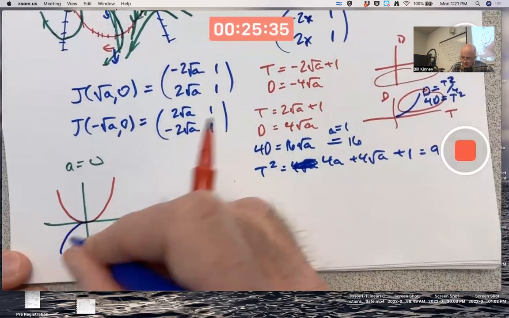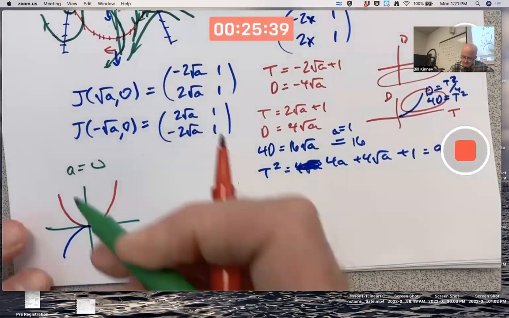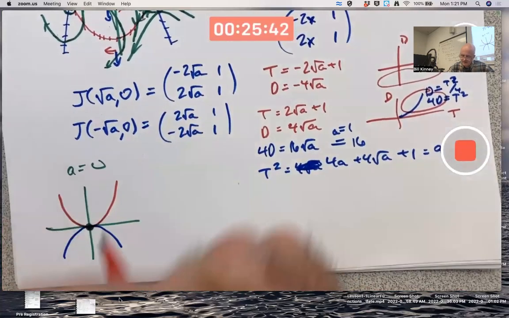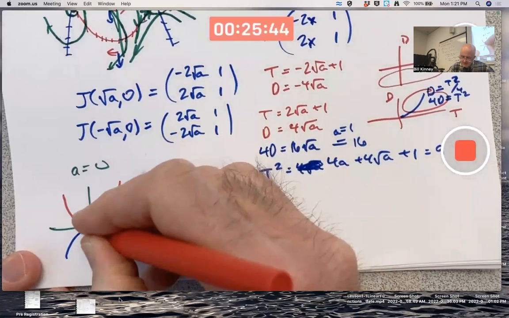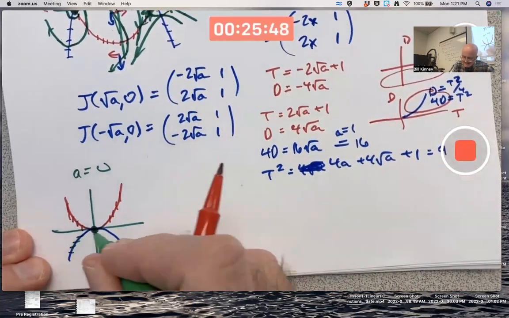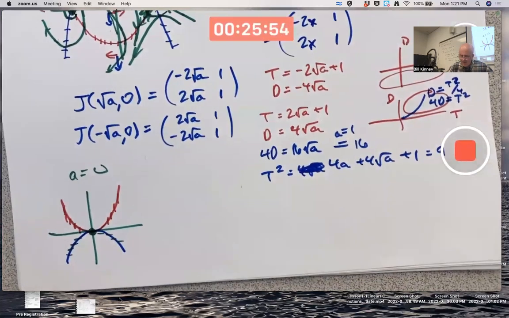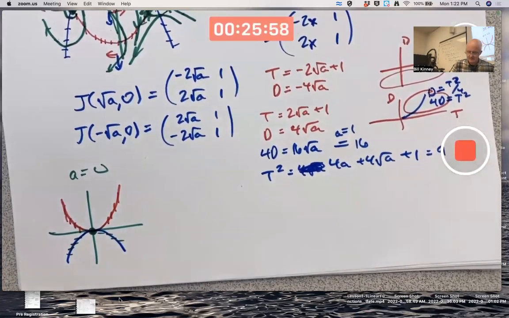You've got one equilibrium point at the origin. Still cross the red one vertically and the blue one horizontally. Let's not bother doing this by hand anymore because I want to do something else.